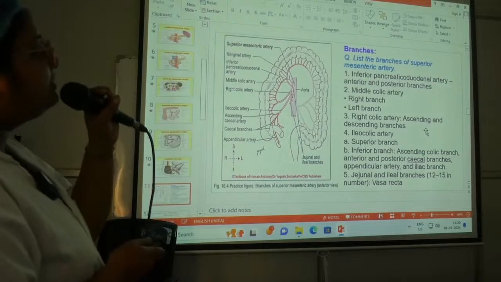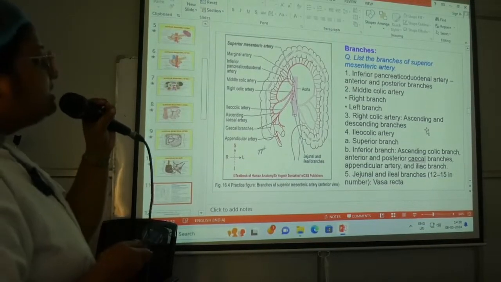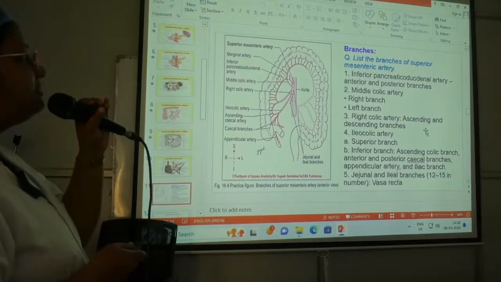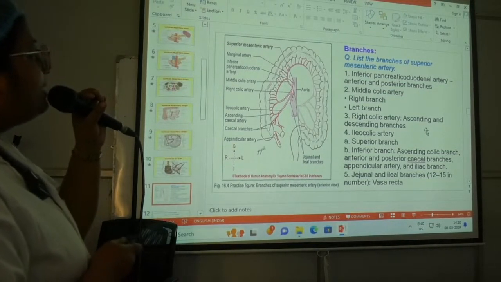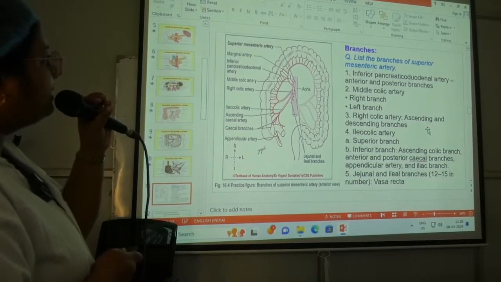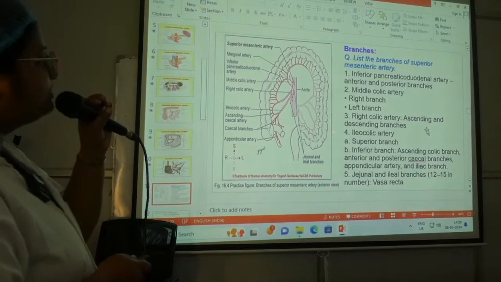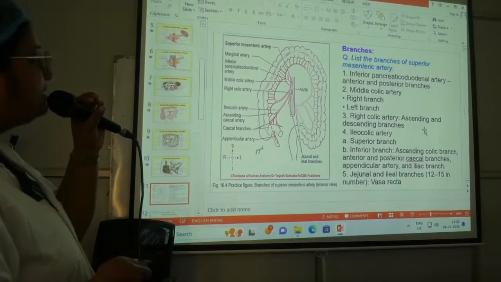The inferior pancreaticoduodenal artery divides into anterior and posterior branches, lying in the groove between the duodenum and the head of the pancreas. The middle colic artery is divided into right and left branches. The right colic artery is divided into ascending and descending branches. The ileocolic artery divides into superior and inferior branches.